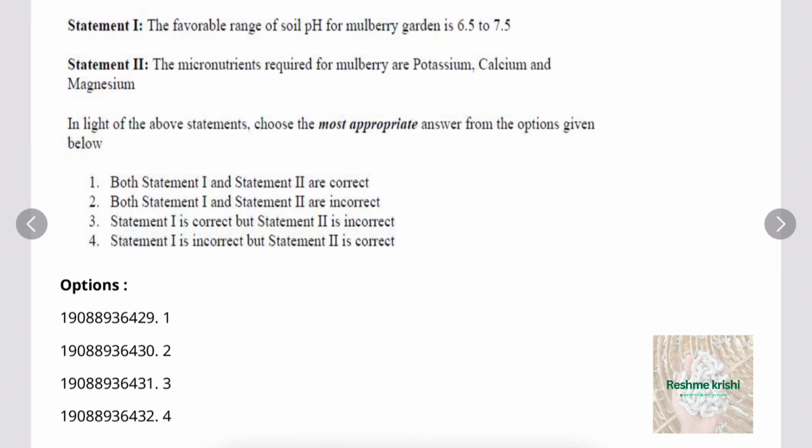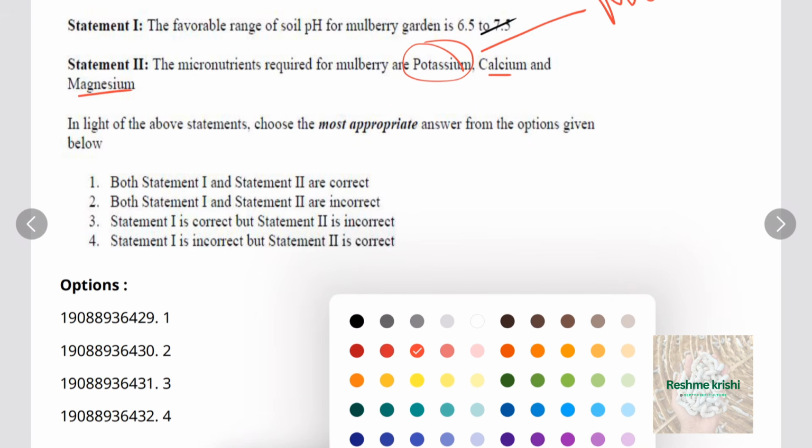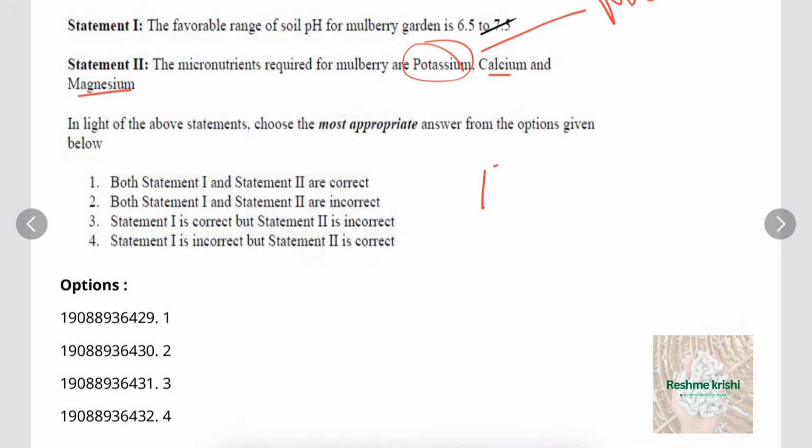The favorable range of soil pH for mulberry garden is 6.5 to 7.5. Correct, Alva? Correct. The macronutrients required for the mulberry are potassium, calcium, and magnesium. No. See, once the potassium comes, your answer goes wrong, because potassium is a macro. And the other two, calcium and magnesium, are not the major micro elements we need. We need iron, Fe.